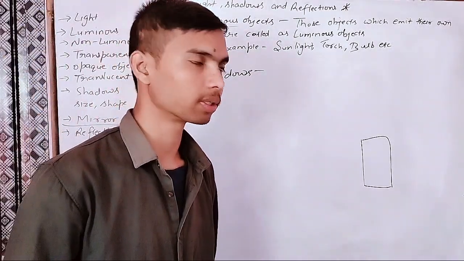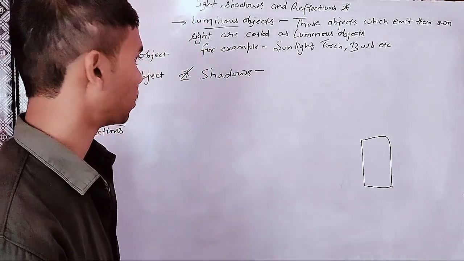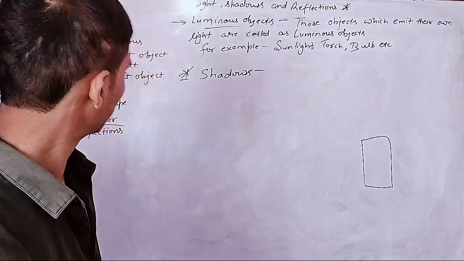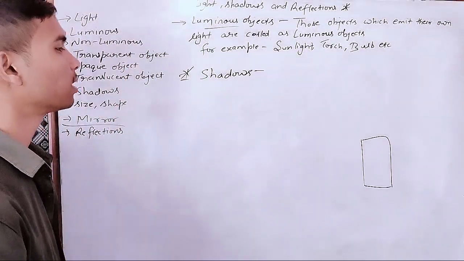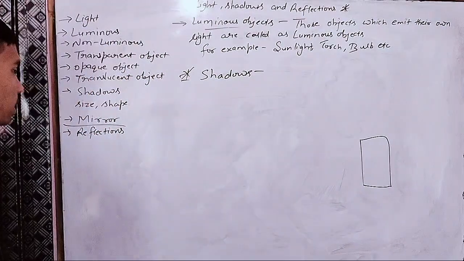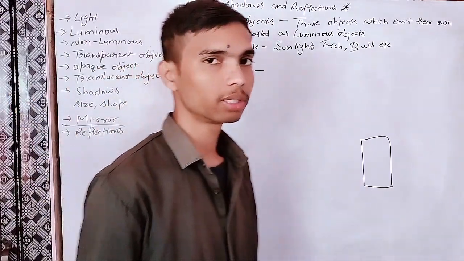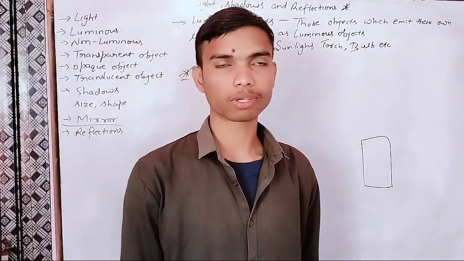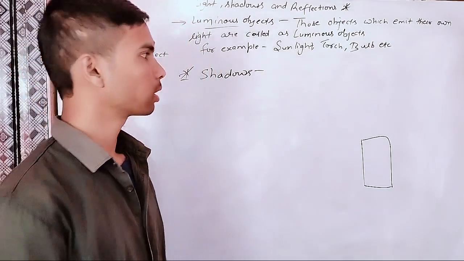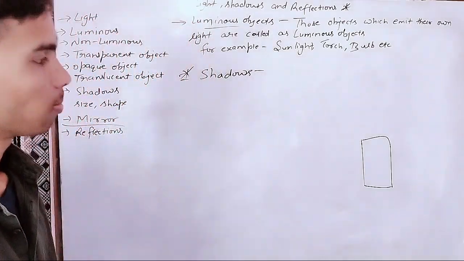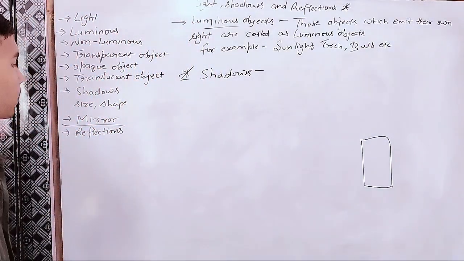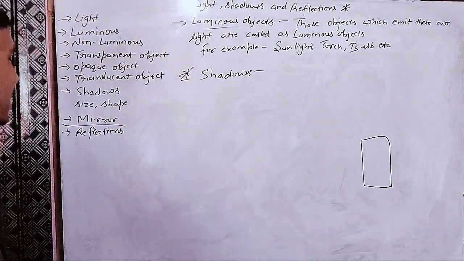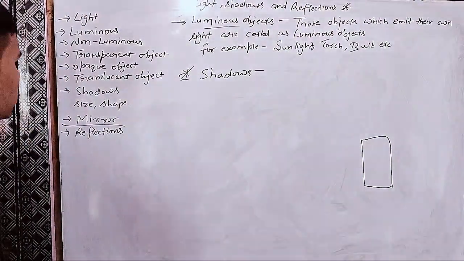Let's understand a little bit of information regarding mirrors. We have three mirrors: first plane mirror, second concave, third convex. Here we are going to understand about the plane mirror. In the next standard, we will describe the concave mirror and the convex mirror.